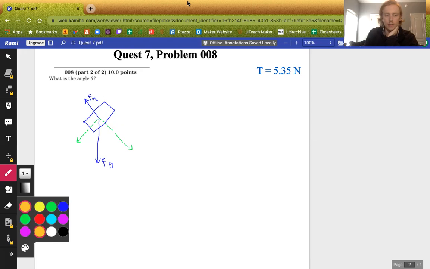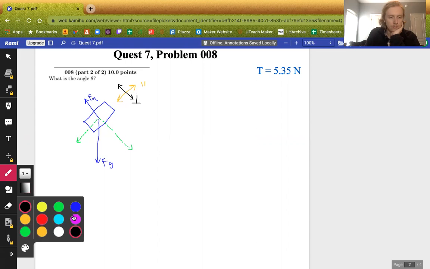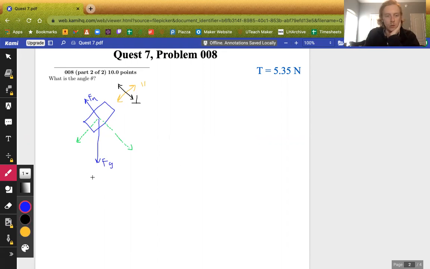Just a quick reminder that this up here, up and down the slope, is our parallel direction. And into and out of the slope, like that, is our perpendicular direction. Okay? So, what do we know already? We know that the weight is equal to mg.